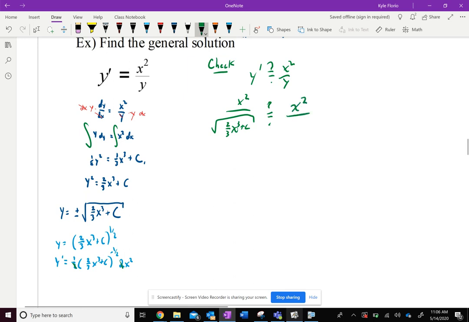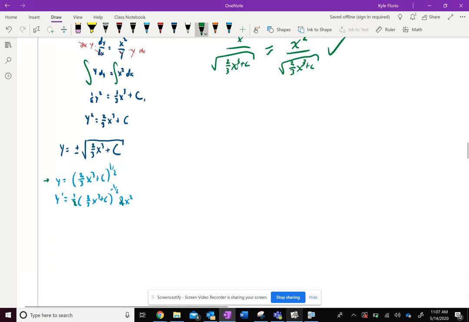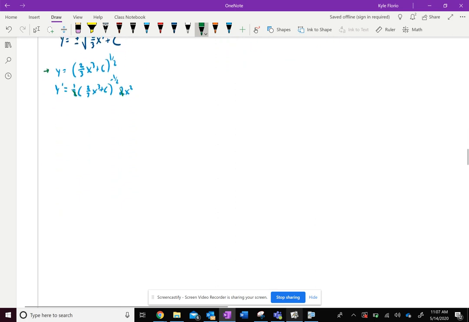And y we said is this right here. Y is 2/3 x cubed plus c, and when you take it to the 1/2, it's the same thing as square rooting. And yeah, these things actually are the same. It is true. So we did solve the differential equation. The left-hand side and the right-hand side really are the same, as long as y is this value right here. And it doesn't matter what c is. There's a collection of functions that could work here. Any c value will work.